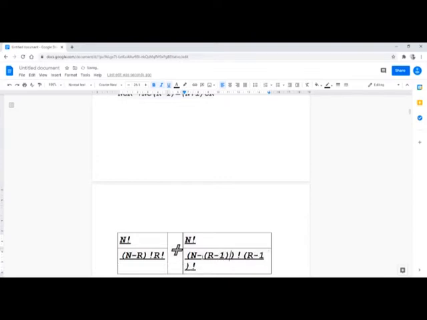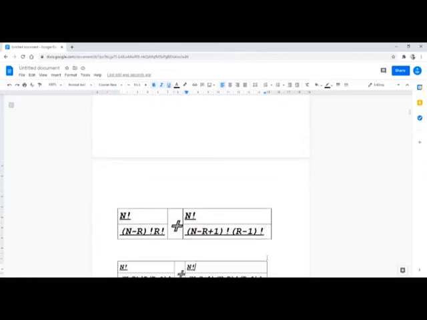If you take the negative sign inside, it becomes plus, and it becomes n minus r plus 1 factorial, into r minus 1 factorial.